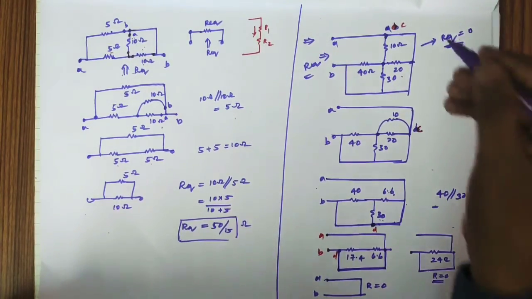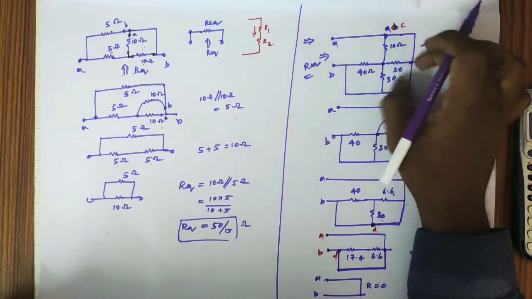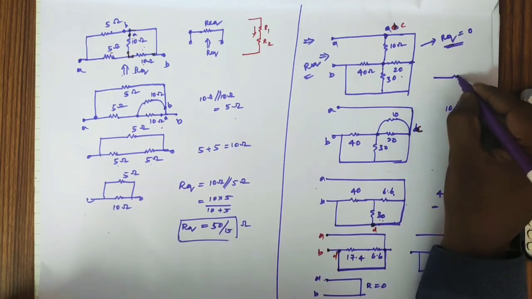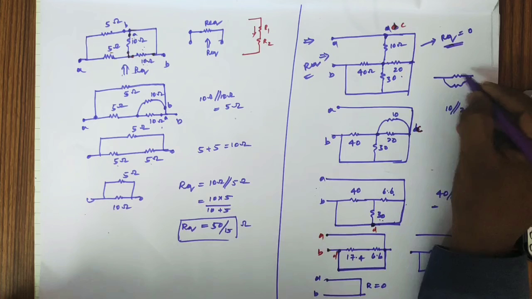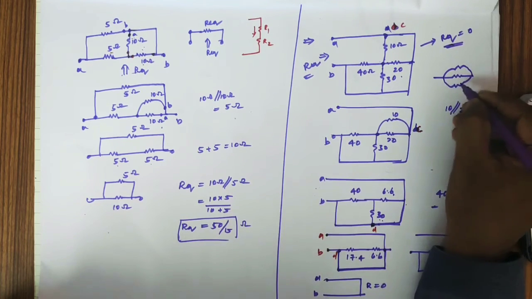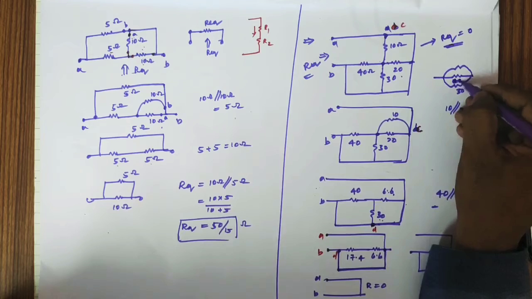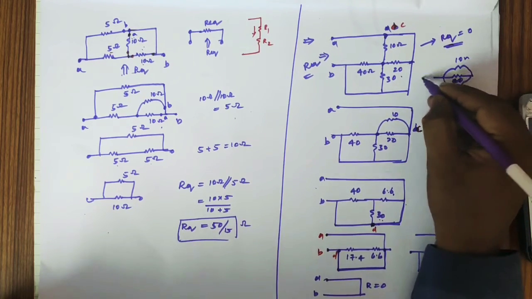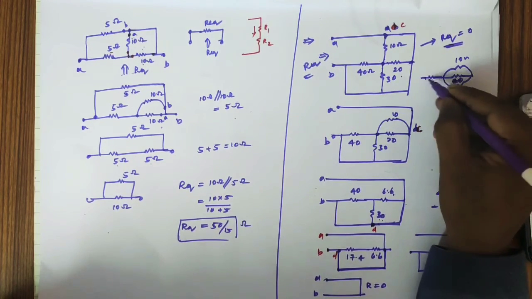How? If you observe carefully, this entire circuit can be redrawn like this. Okay, this wire is connected, this 30 ohm, this 40 ohms, 20 ohms, and 10 ohms, and this 10 ohm.